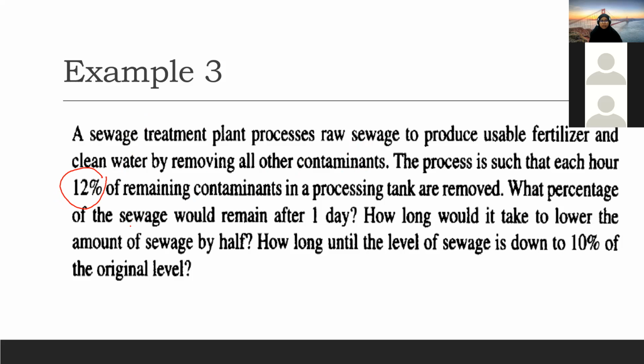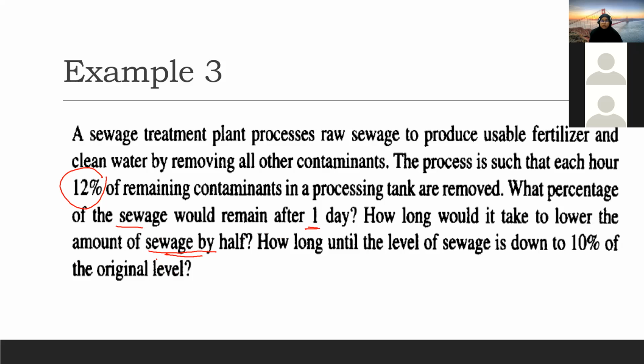So what percentage of that sewage will remain after 1 day? So 1 day meaning 24 hours. How long will it take to lower the amount of sewage by half? So meaning that we are going to find the T, the percentage of that.